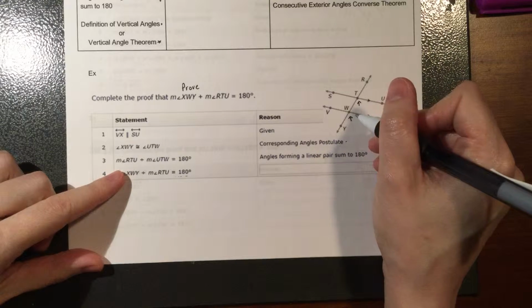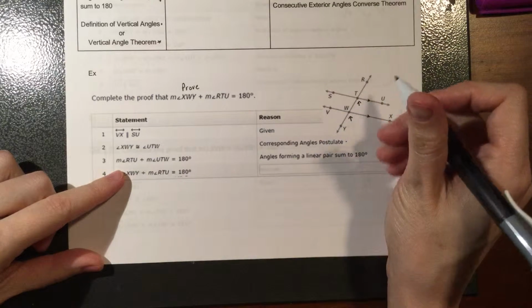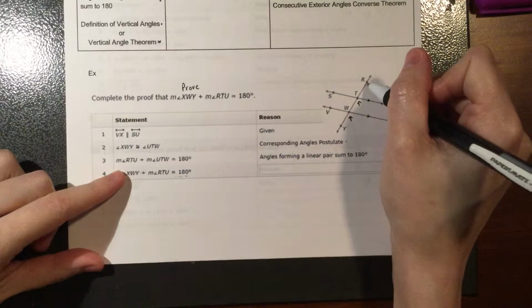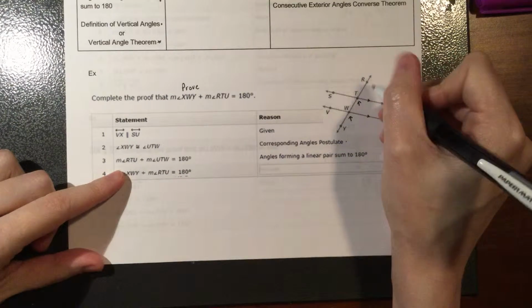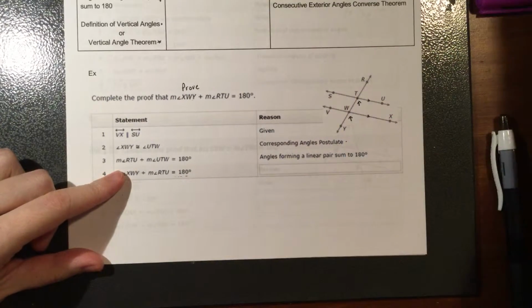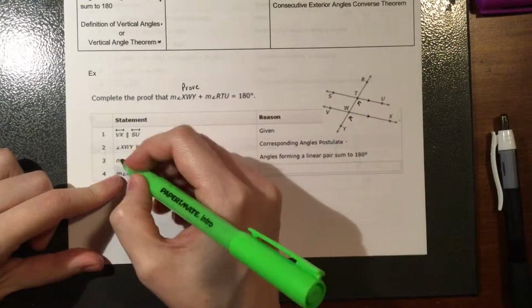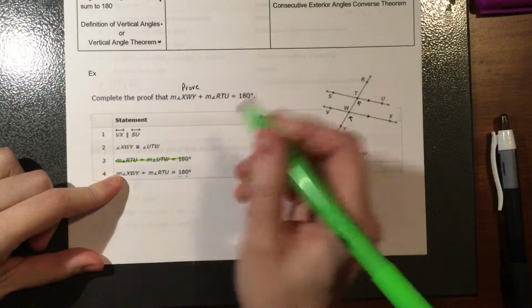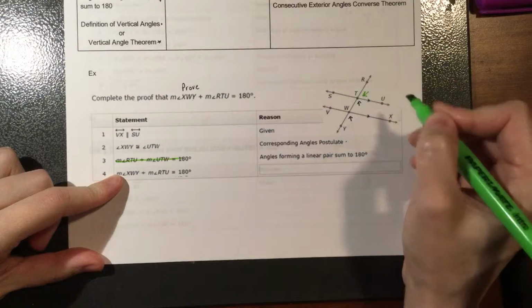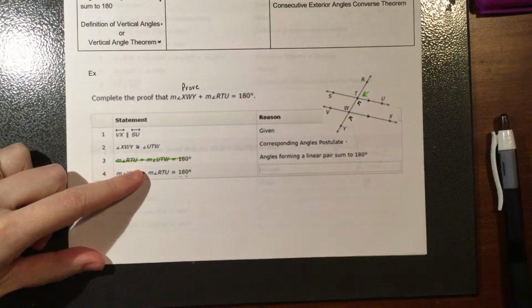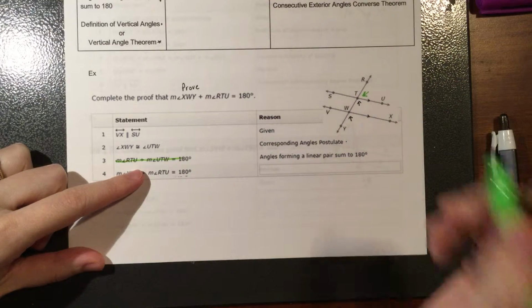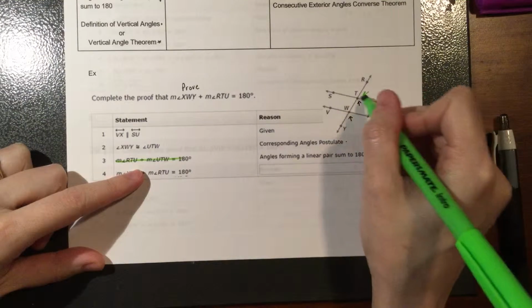So for the next one, they say angle RTU. So I'm going to use a different color. So we're looking at the measure of angle RTU plus the measure of angle UTW.